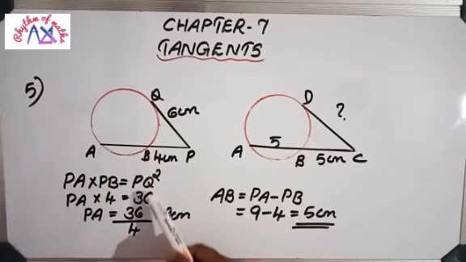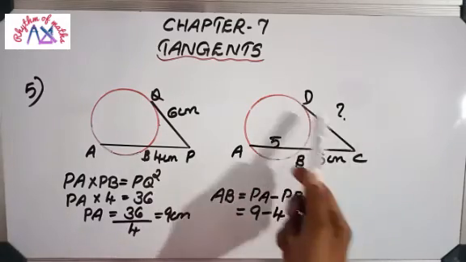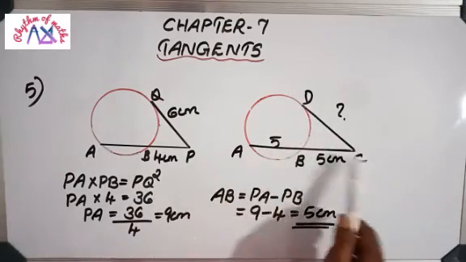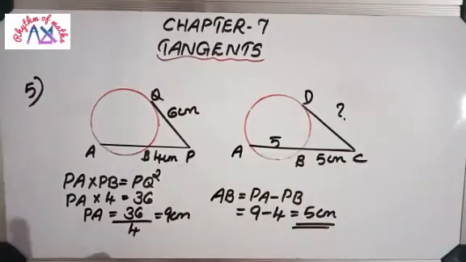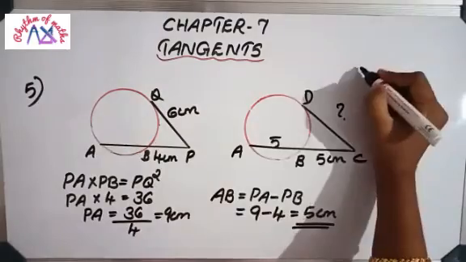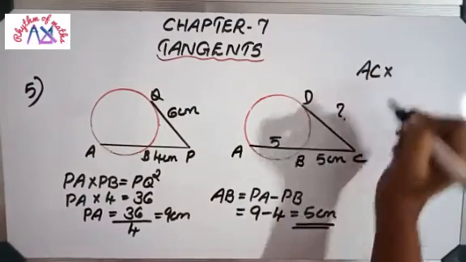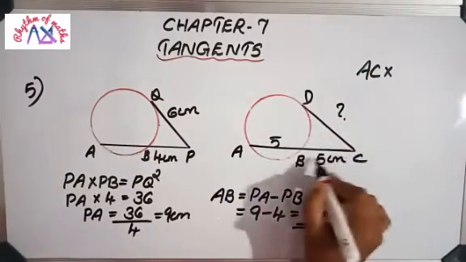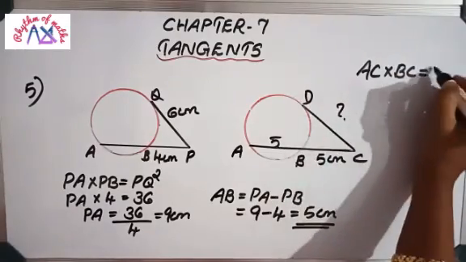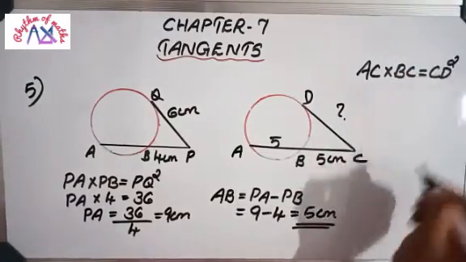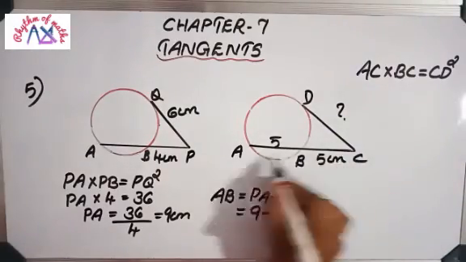Now by using the same concept we can find this measurement CD. How? Instead of PA, here what will we write? The intersecting line is what here? A to C. So AC into the outside portion, that is BC. So AC into BC equal to the tangent CD square. Here AC means total measurement.